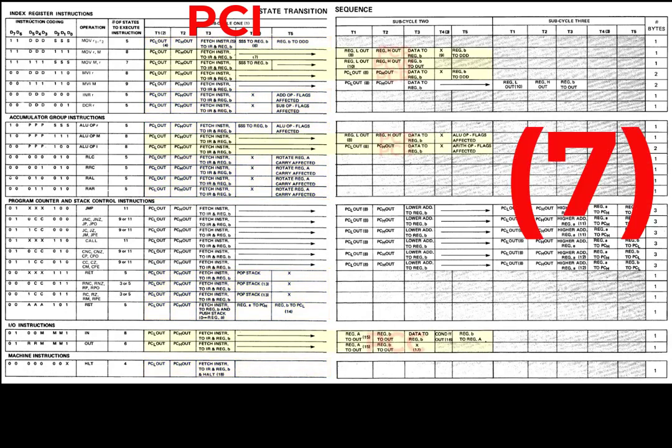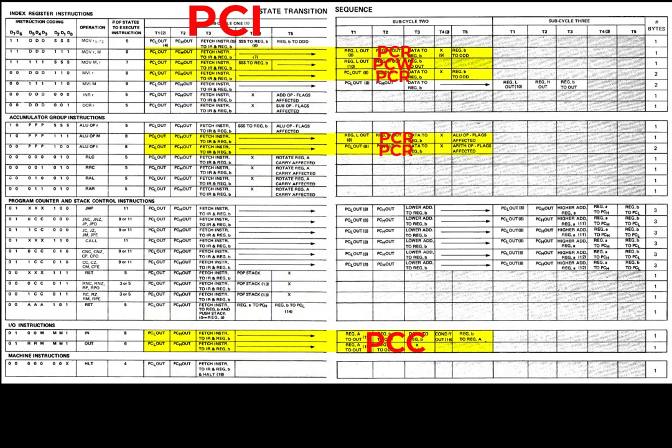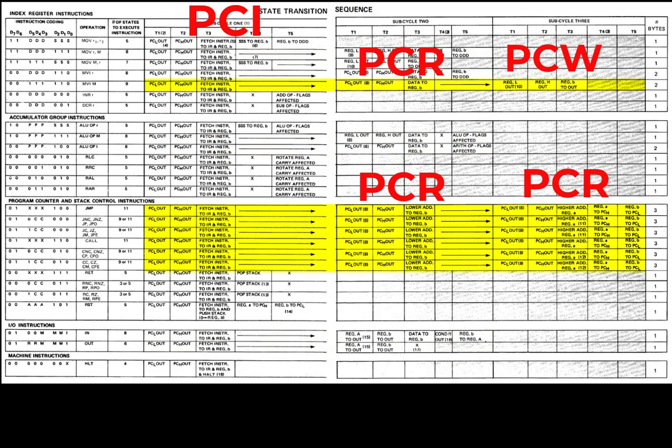There are 6 of those that will require 2 subcycles. 2 of these are the port instructions, which will be a PCI and a PCC. And I think that leaves 7, and those will all require 3 subcycles. All the jumps will be PCI, PCR, PCR, but the unique move immediate to M that I mentioned earlier is a PCI, PCR, PCW, which is a real fun one.